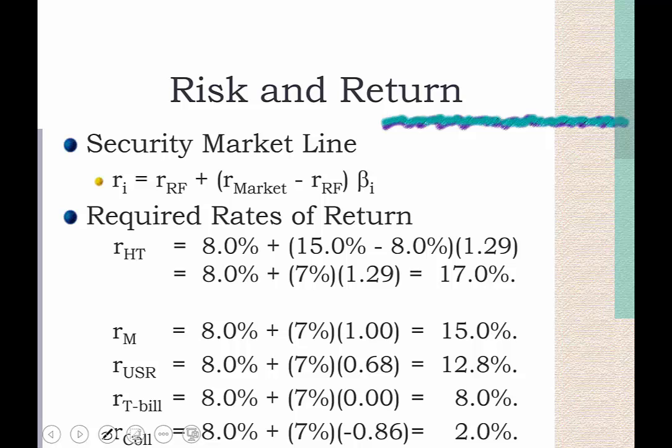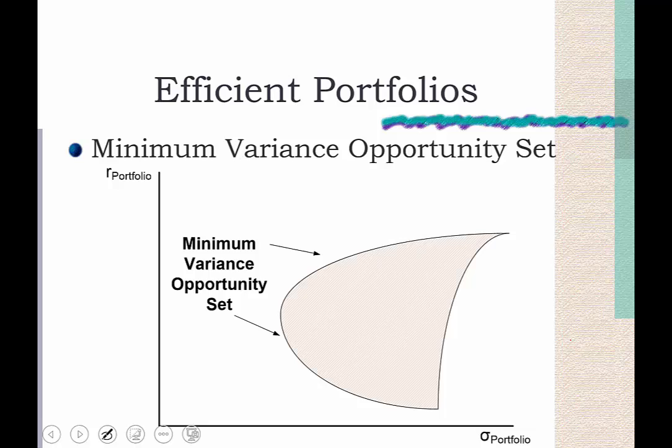The return on the market, of course, is 15%. We just plug in that 15 minus 8, 7% risk premium on the market for each of those, and we get the return on the market is 15%, which we already knew. The return on high tech is 17%. These are required rates of return, by the way, and so forth. Okay, so that's how we use the capital asset pricing model, or the SML equation of the capital asset pricing model.